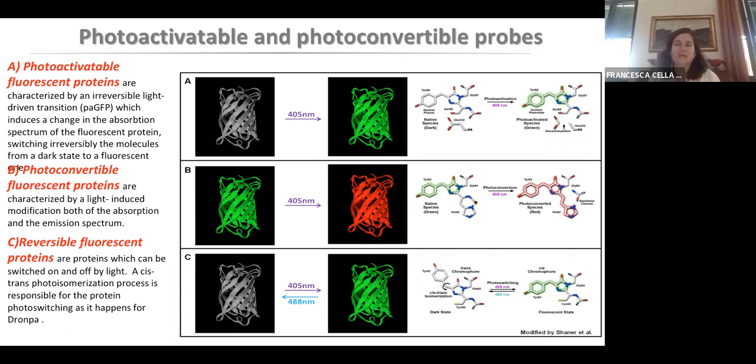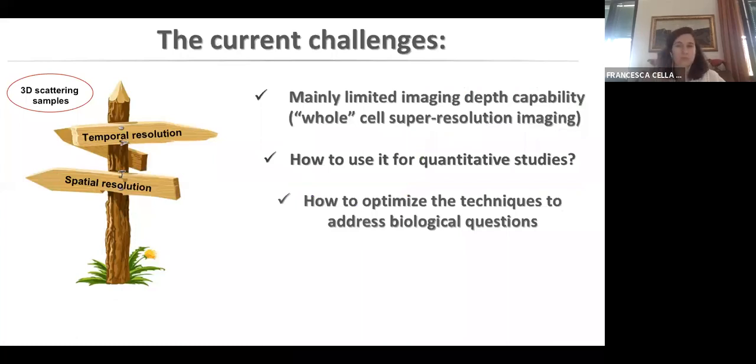But the basic idea is that our molecule has an absorption and an emission spectrum before UV irradiation, but this absorption and emission spectrum change after irradiation. So we can select with filters another spectral region, and we will see the same effect. We have on and off states that we can use. So this is the idea of single molecule localization microscopy and super resolution.